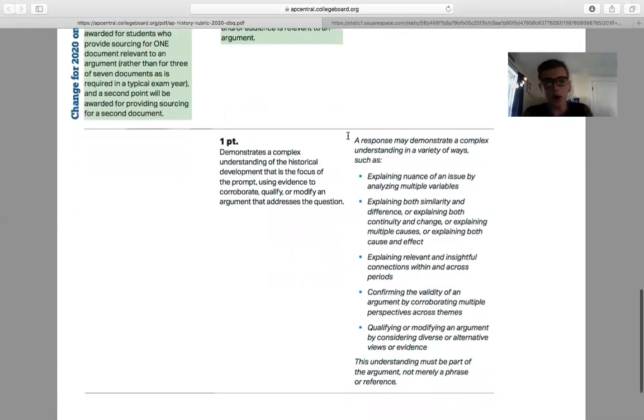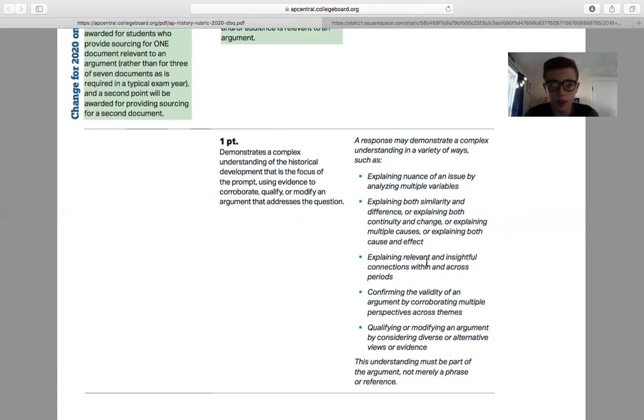So here is what you can do. Explaining nuance of an issue by analyzing multiple variables, explaining both similarity and difference, or explaining both continuity and change, or explaining multiple causes, or explaining both cause and effect.